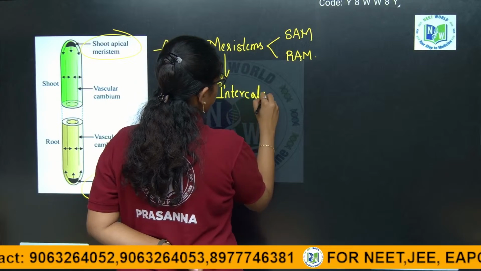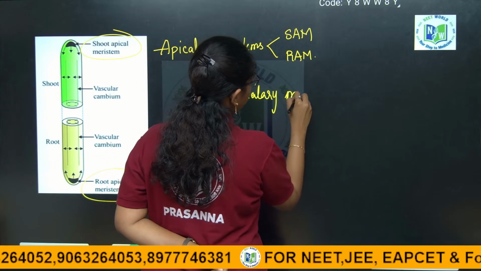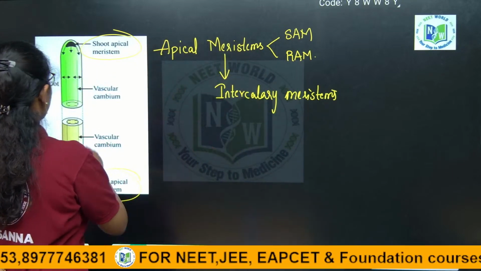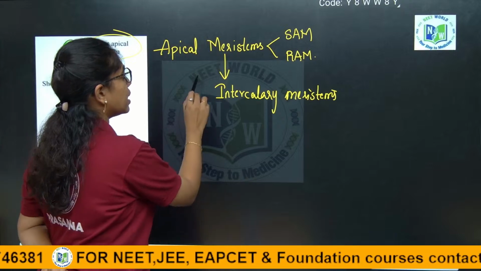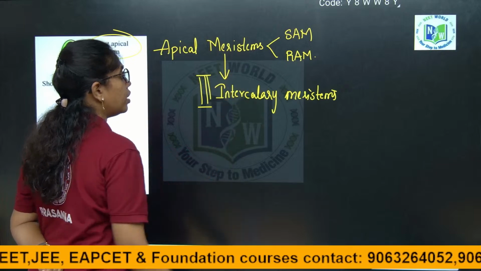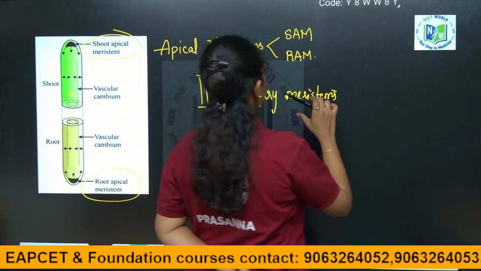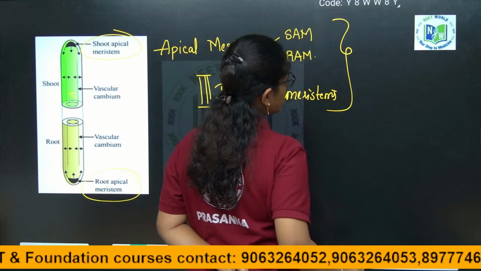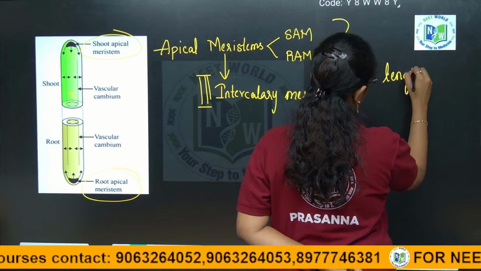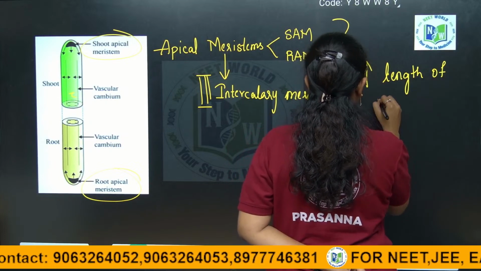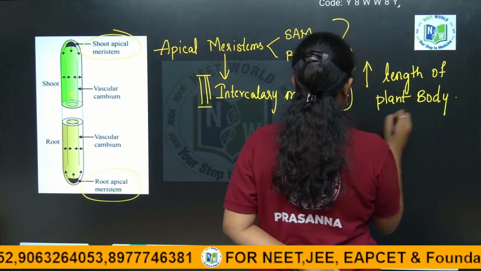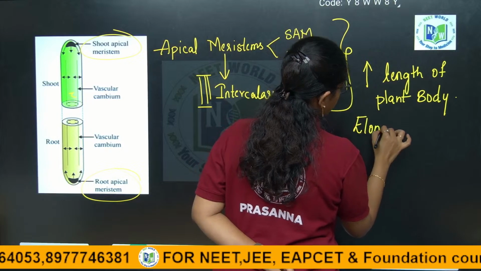Intercalary meristems, which are present in the mature tissues in between two nodal regions. All these types of primary meristems will increase the length of the plant body. Their primary activity is elongation.